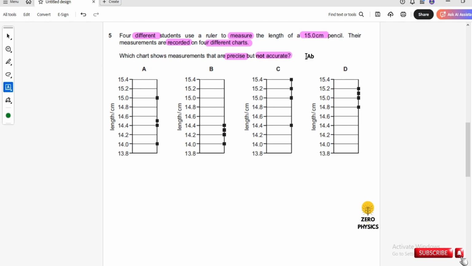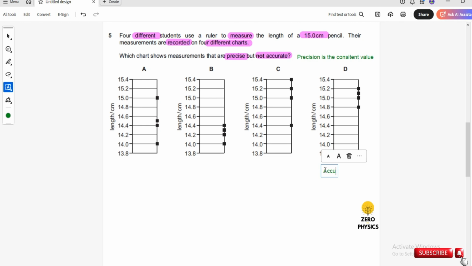So let me tell you one thing. What is meant by precision? Precision means the consistent value. While what is meant by accuracy?